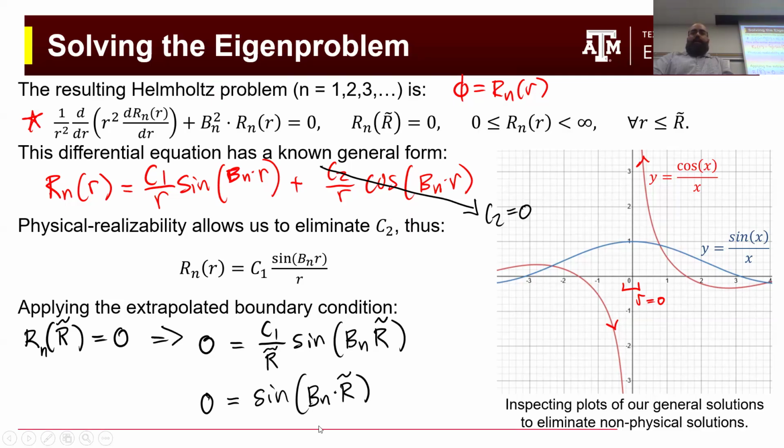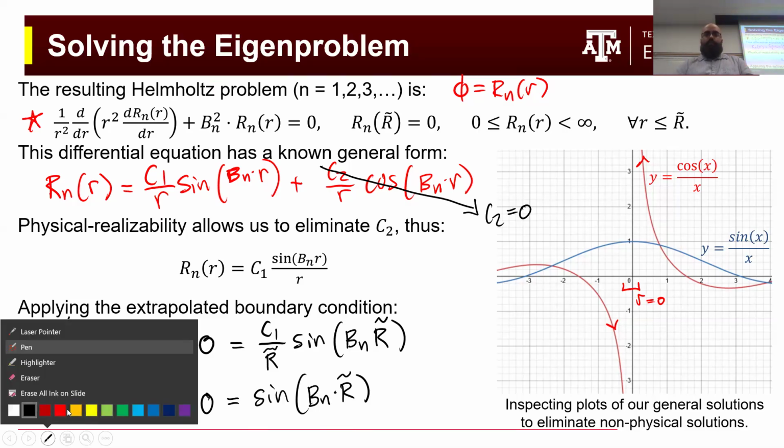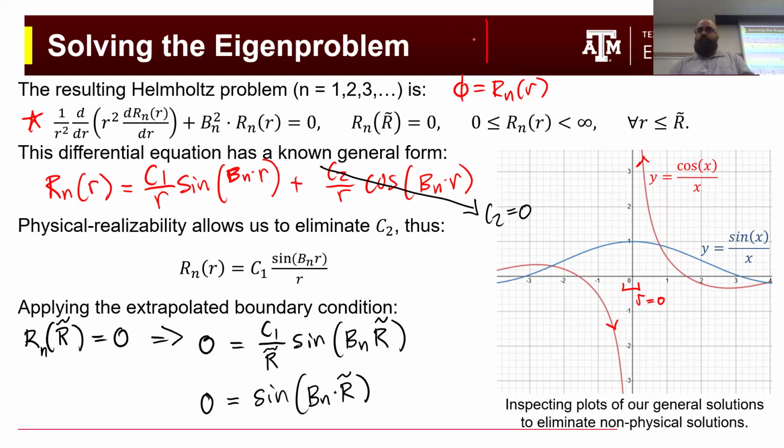And so now I need to think about when is this sine function going to be equal to 0? If I think about a unit circle, if this is x and this is y, on a unit circle, the y coordinate is my sine function. And so if I'm here or if I'm here, those are the two places on the unit circle where the sine function is 0.